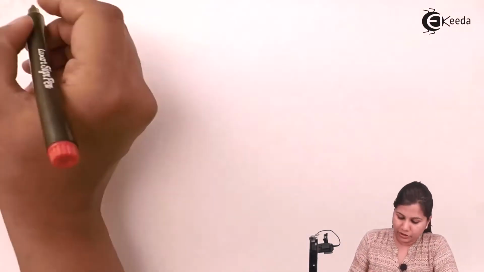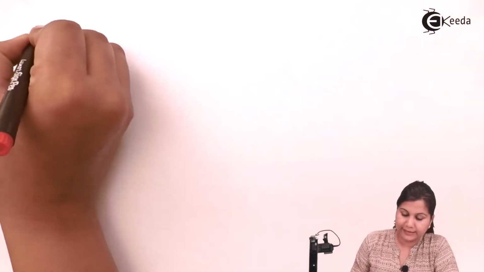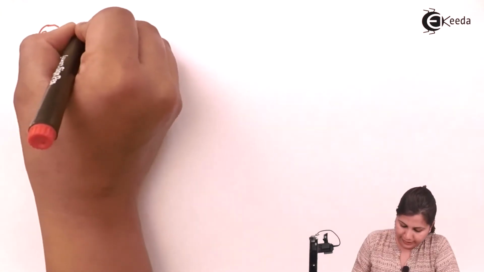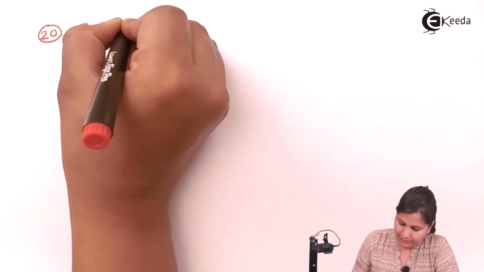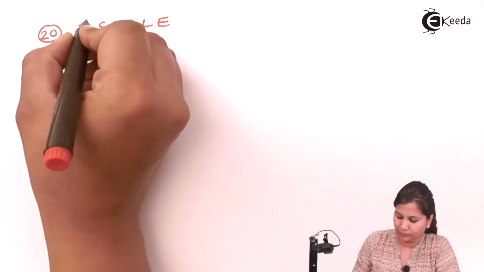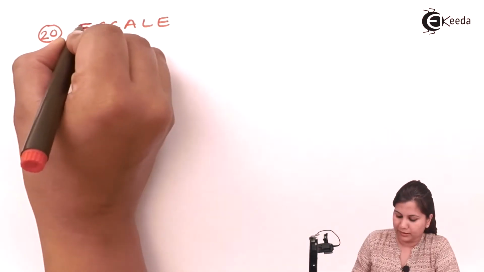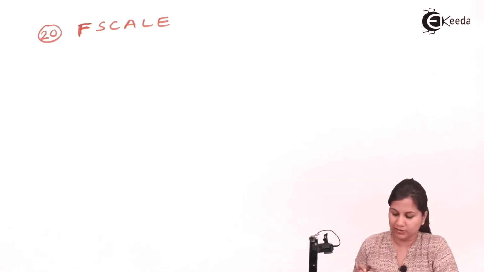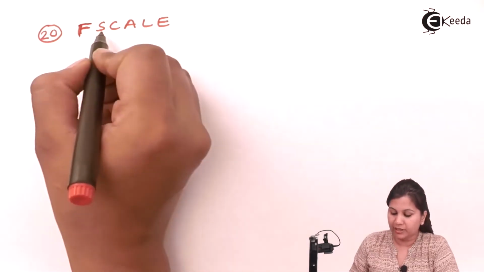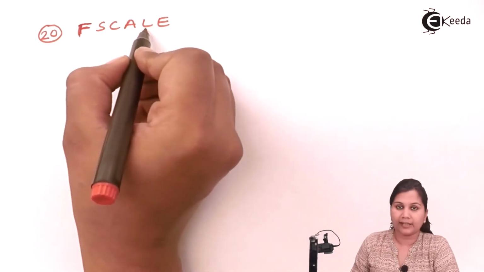Okay, the next instruction is for the scaling operation, that is FSCALE. F is again for the 8087 instruction, and for scaling the mnemonic is SCALE.